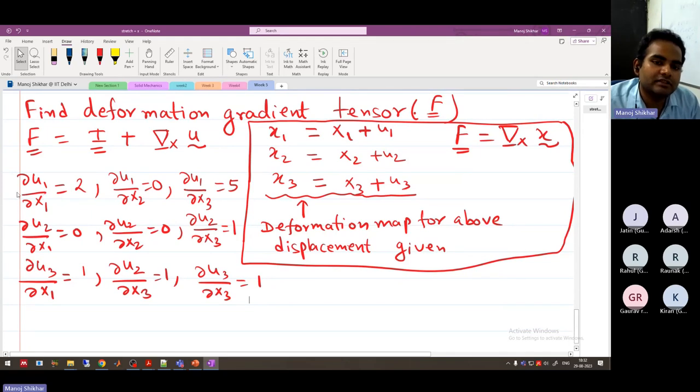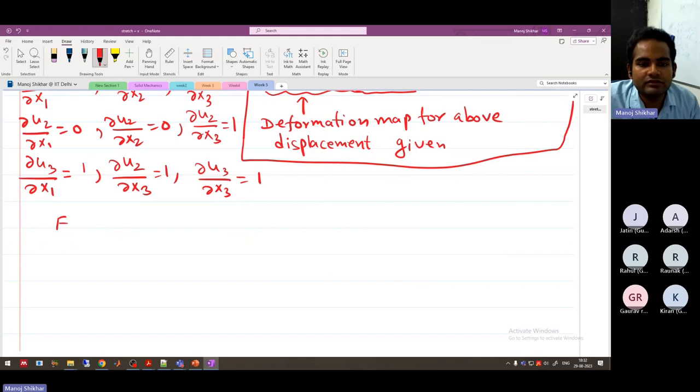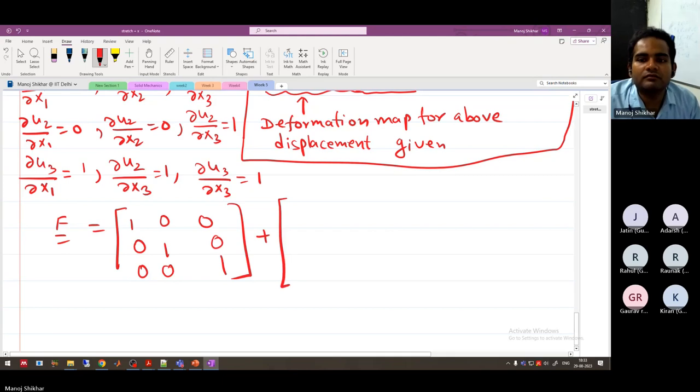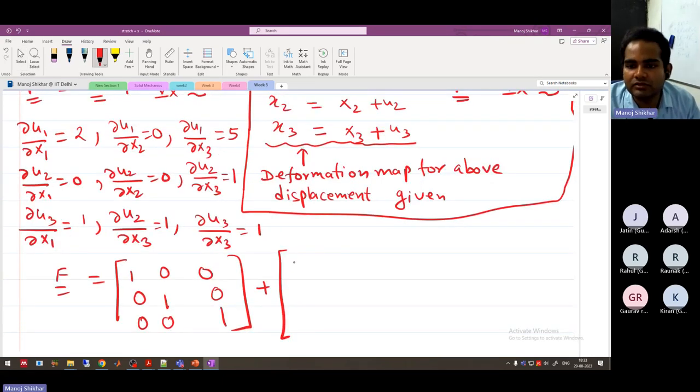These lines denote the rows of the gradient of u tensor. So to find F, you will directly write 1 0 0, the identity matrix, and you will write the gradient of u here. In our case, because it's numerals, I will write 2 as the first entry. Del u1 by del x2 will be first row, second column.